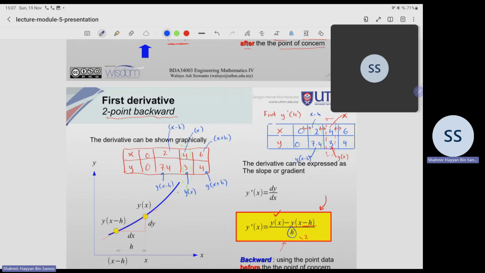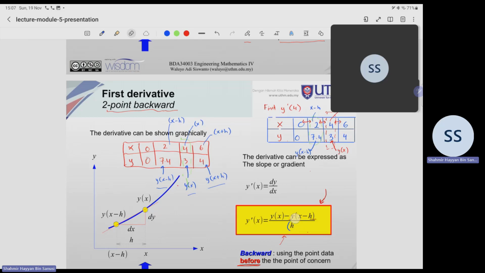Basically, you need to know where is your x, your x plus h, your x minus h, and the corresponding y values. But to use 2-point backward, as you can see, we don't need x plus h. We only need the point before, which is x minus h. So the value here is y(x minus h), which is 7.4.